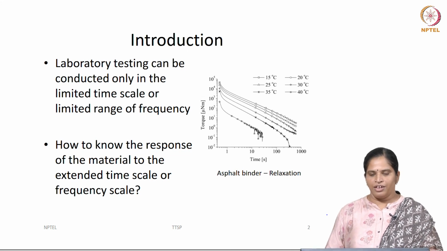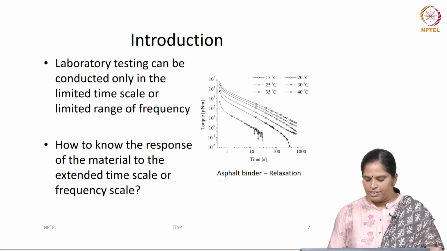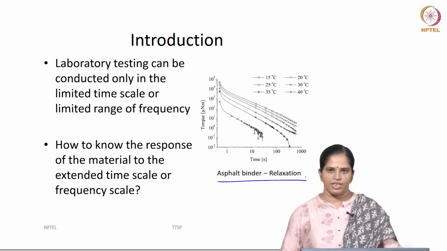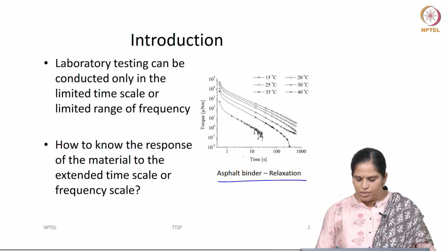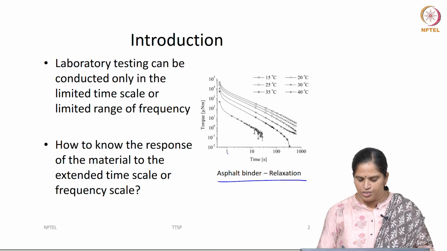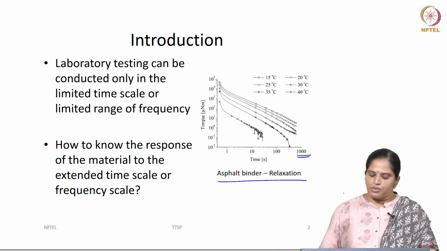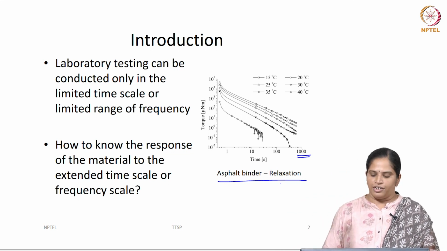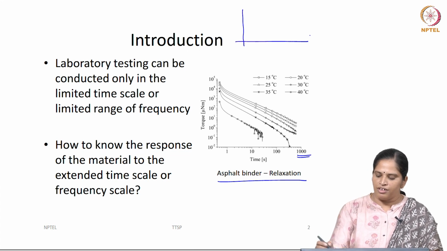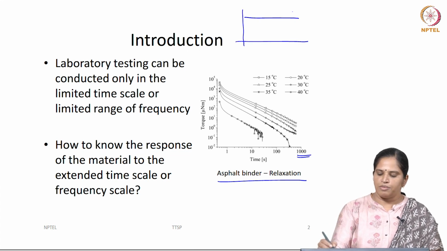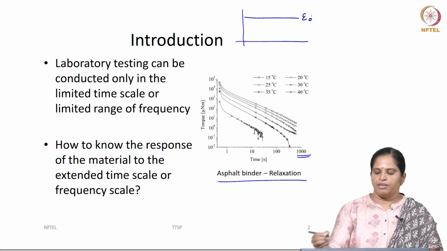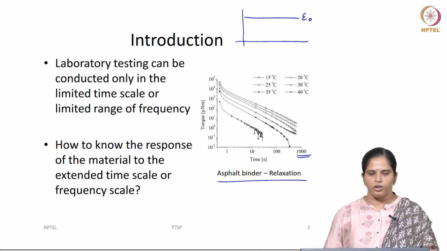For example, if you see a relaxation test result for an asphalt, you see this plot, the time scale here is varying from 0, since it is in the logarithmic scale it is not starting with 0, and the maximum time scale is 1000 seconds. So, when you subject the material to a constant strain, something like this, let us keep this strain to be maybe an epsilon naught.